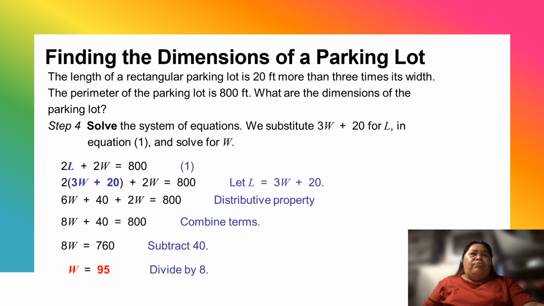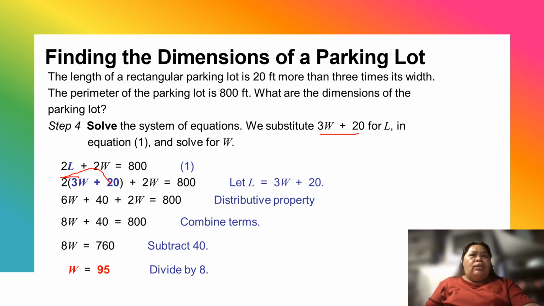Okay, for step 4, solve the system of equations by substituting 3W plus 20 as the length in equation 1. So we have 2L plus 2W equals 800. By substituting, 2 times (3W plus 20) plus 2W equals 800. So we multiply by the distributive property.